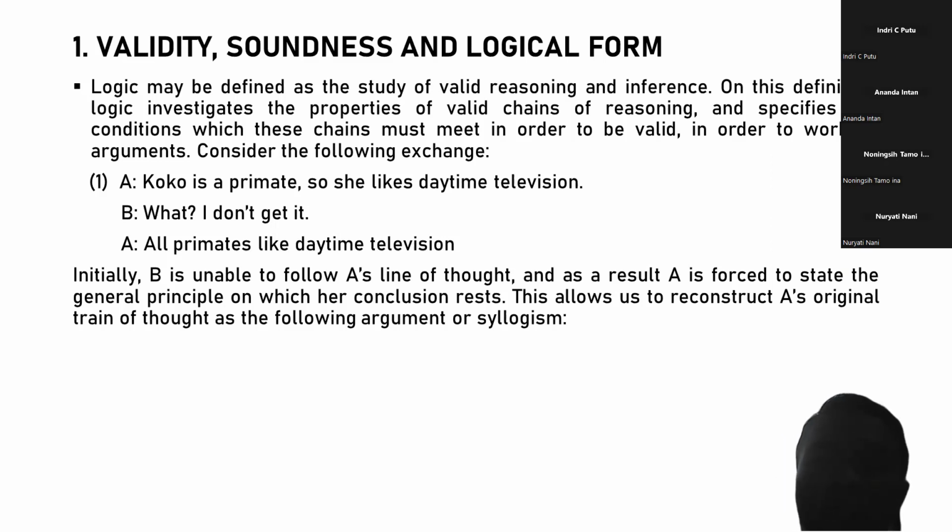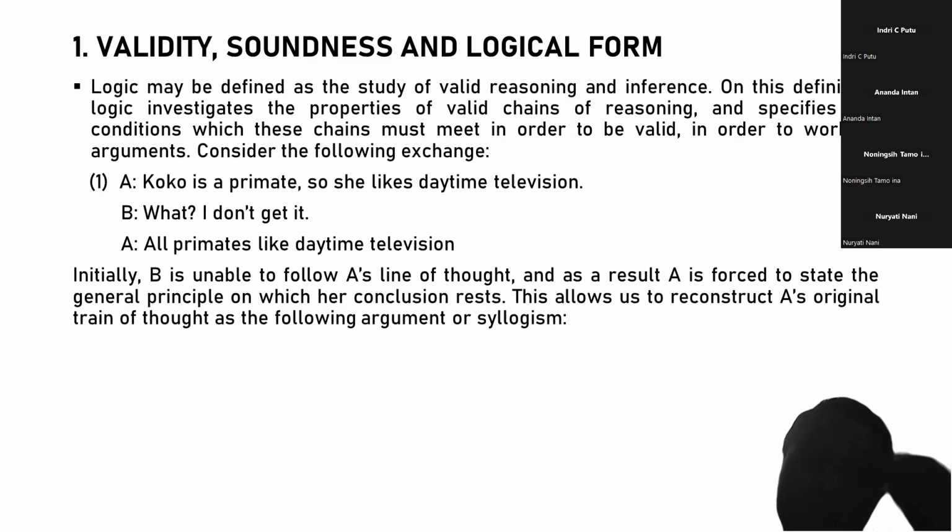Initially, B is unable to follow A's line of thought, and as a result, A is forced to state the general principle on which her conclusion rests. This allows us to reconstruct A's original train of thought as the following argument or syllogism.